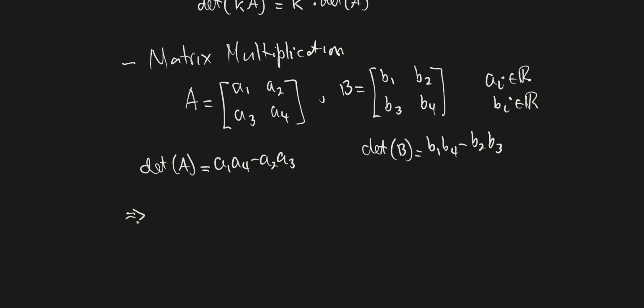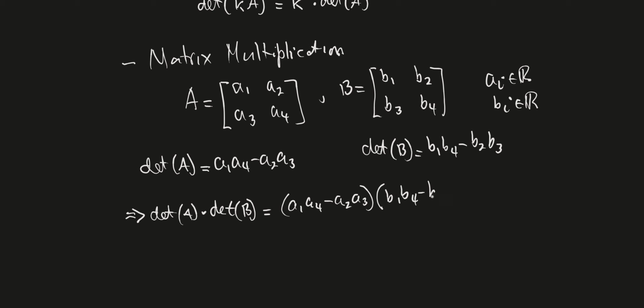So this implies that the determinant of A times the determinant of B would look like A1 A4 minus A2 A3, that quantity, times this other quantity, B1 B4 minus B2 B3.